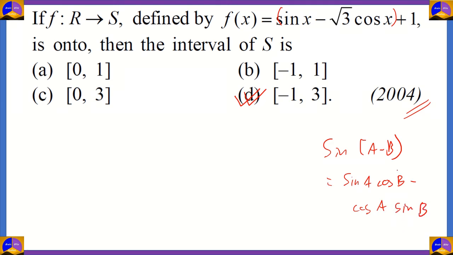So using that formula, we got sine of a minus b, and then we took the interval for which that function comes, and we added plus 1 to the edges of the interval, and that gave us the closed interval minus 1 to 3 as the correct answer.